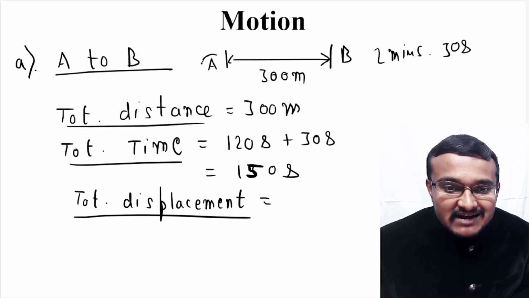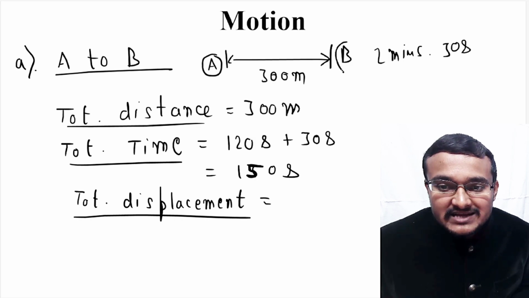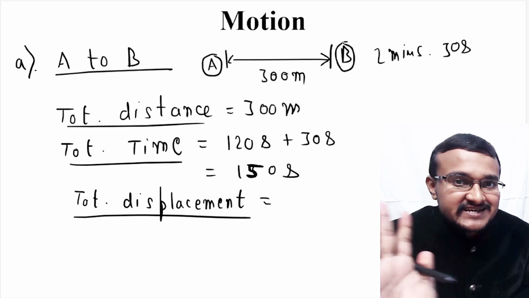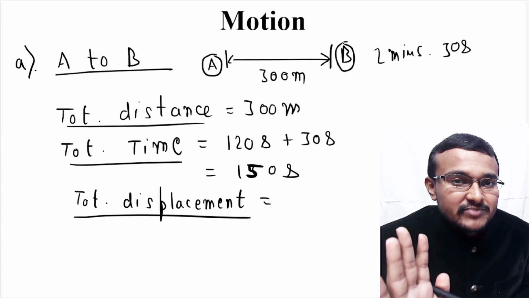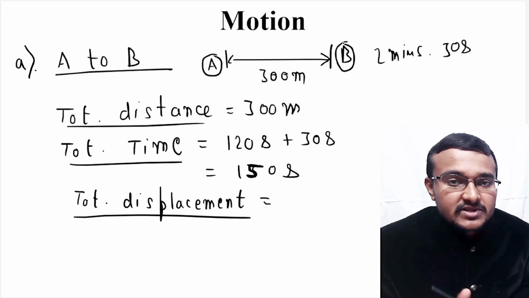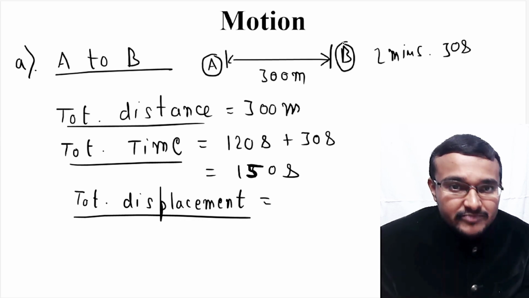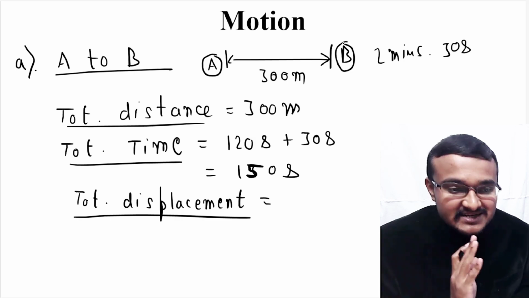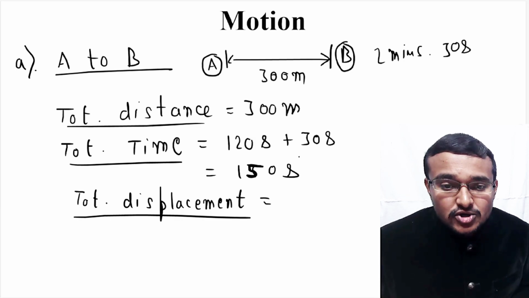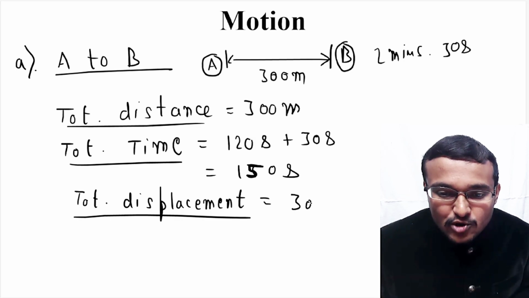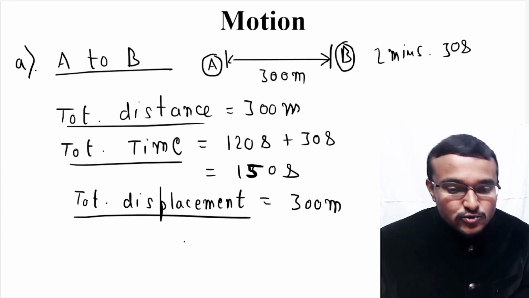So he has traveled straight from A to B. That means he has covered the shortest distance on that path to reach from A to B, that is the straight distance. So total displacement will also be 300 meter only.